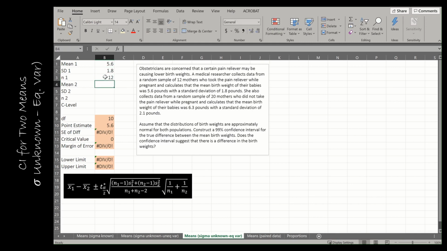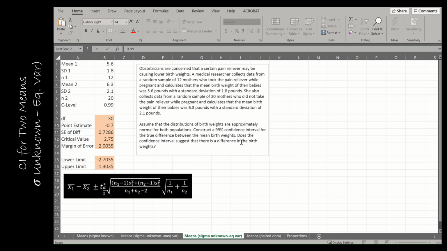And mean 2 is 20 mothers who did not take pain reliever while pregnant, calculates the mean birth weight to be 6.3 pounds, and a standard deviation of 2.1 pounds. We're going to construct a 99% confidence interval for the true difference between the birth weights.